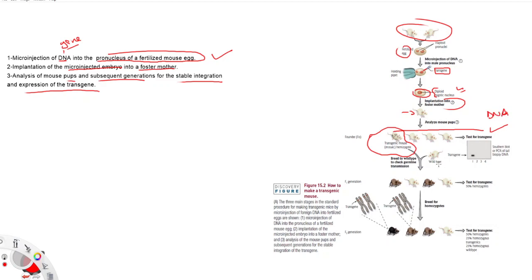By performing a biopsy. A biopsy is where you just remove a portion of the tissue. For instance, you can just cut the tail and extract the DNA. Once you've extracted the DNA, you can run a Southern blot, which you know by now has to do with testing the DNA presence with hybridization, or you can simply run a PCR of the tail biopsy DNA.